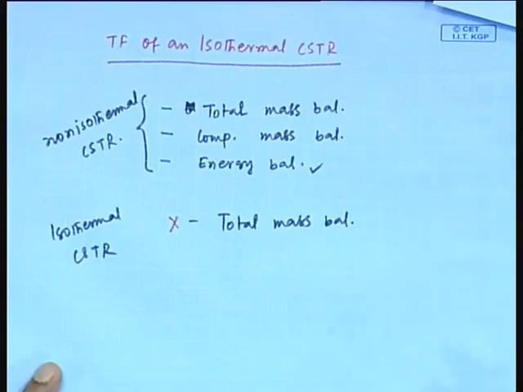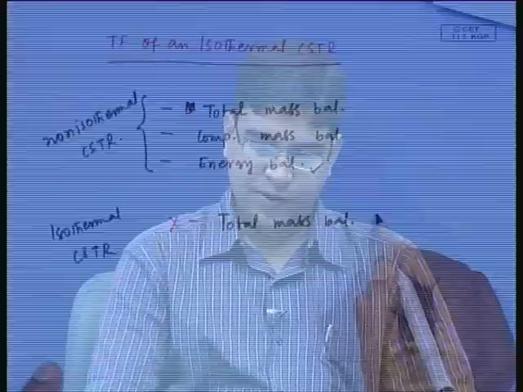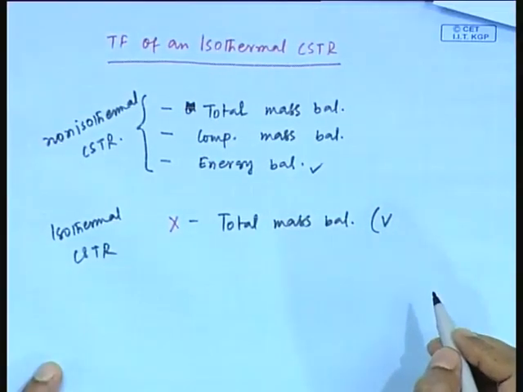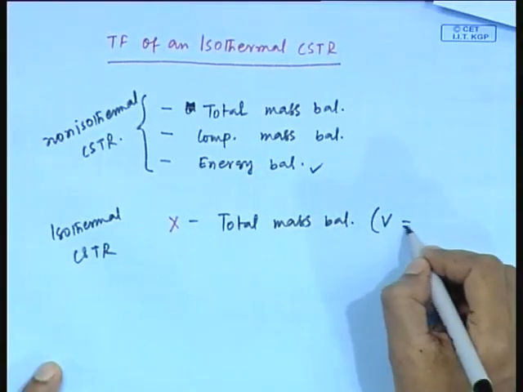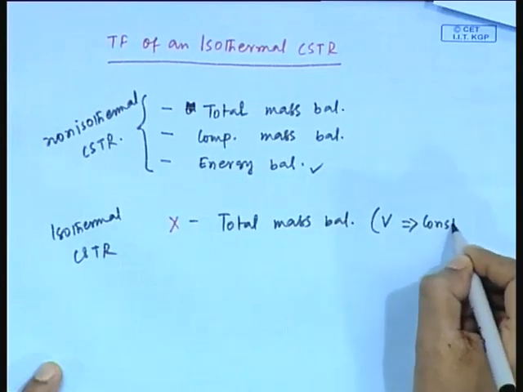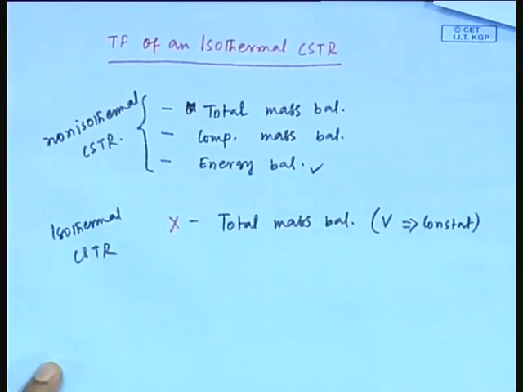How can we avoid this? If we assume the volume of the reaction mixture is constant, in that case we can avoid the total mass balance equation. So, we are assuming that.